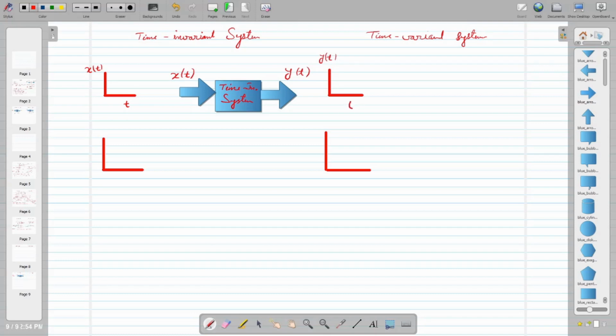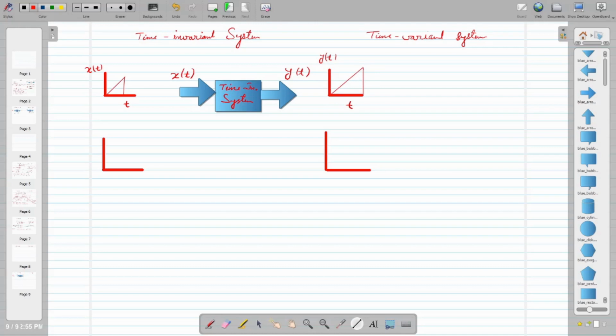So if I produce certain input like this, we are having certain output to the respective input, some amplification, right?